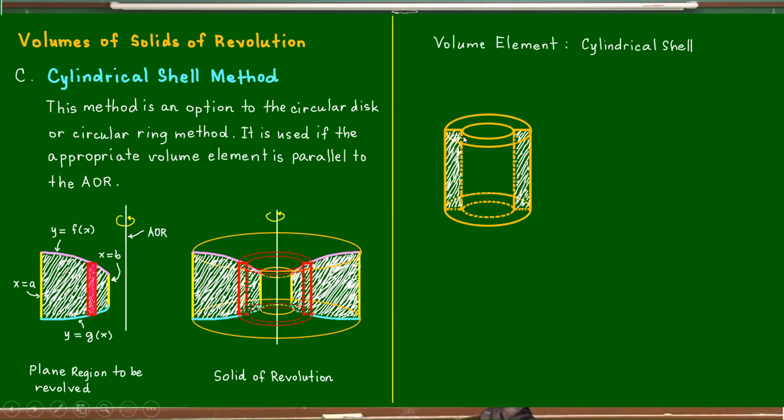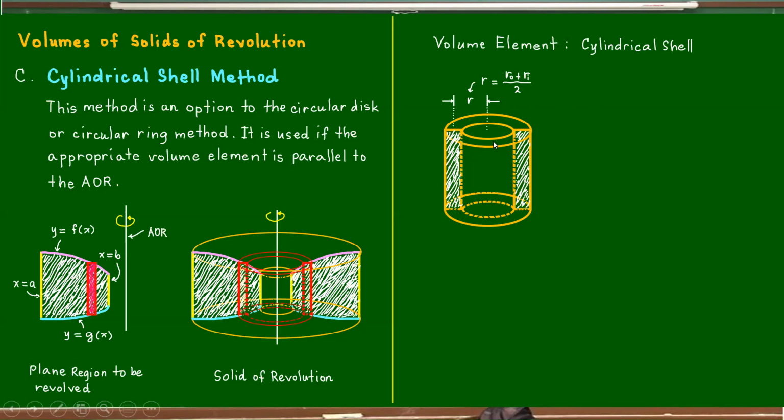For the inner cylinder, we have r sub i as the radius, and for the outer cylinder, the radius is r sub o. When you add these two and divide by 2, that gives us the mean radius, and that mean radius is the radius of this shell.